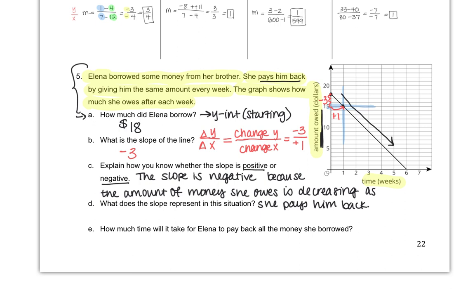So the slope is negative because the amount of money she owes is decreasing as she pays him back.